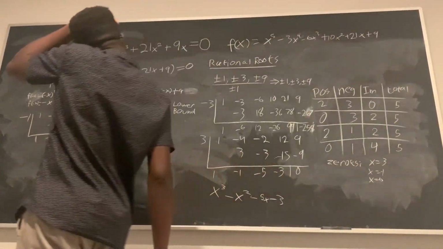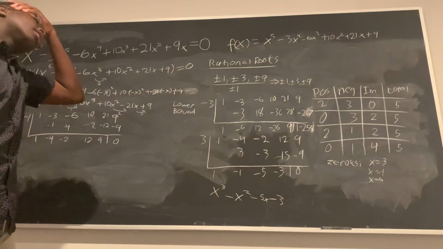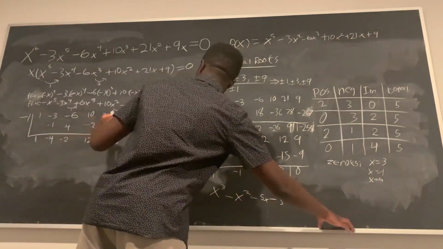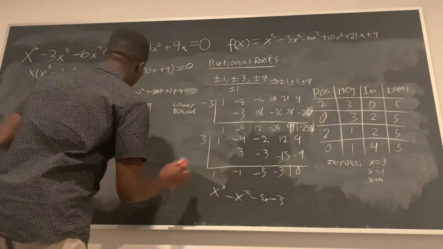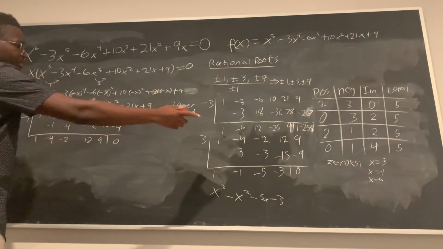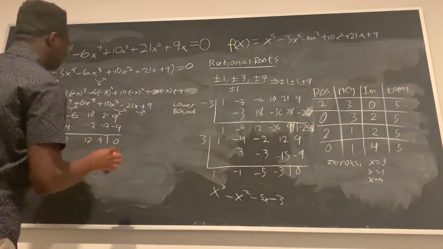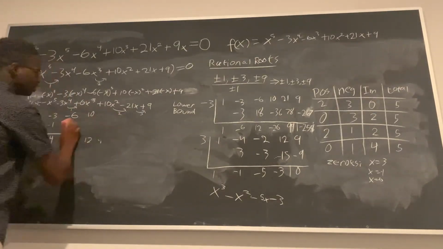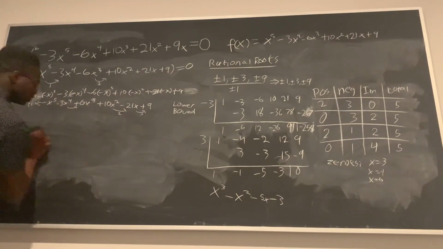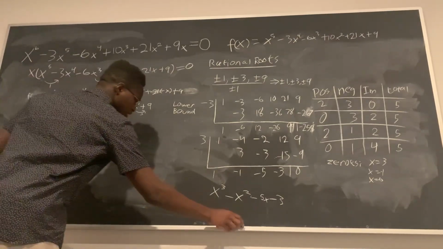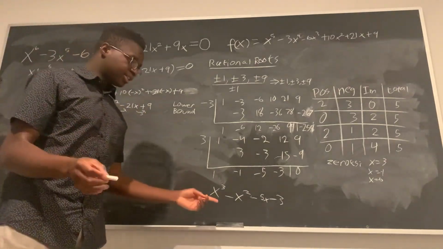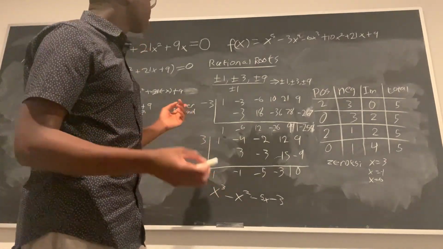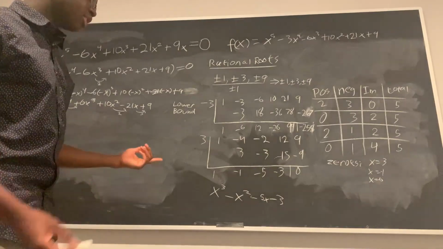And now I am going to have to erase this side so we have some more room to work with, and just remember that we did find negative 1 to be a 0. And what that means is we are going to take this and start trying some other factors. But let's consider the rational root theorem and, of course, Descartes.